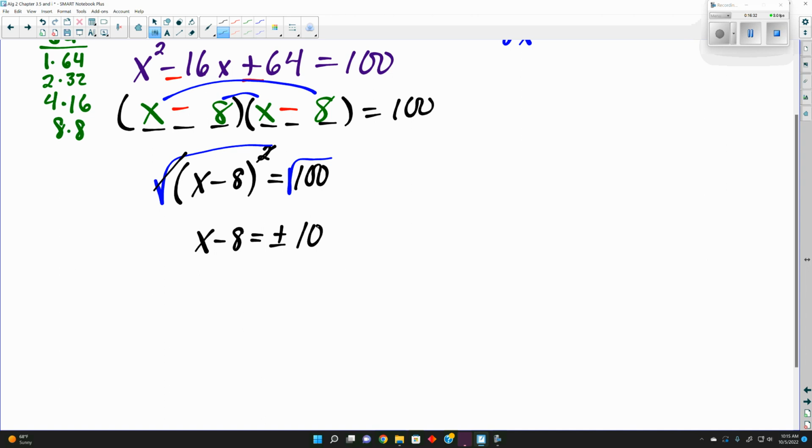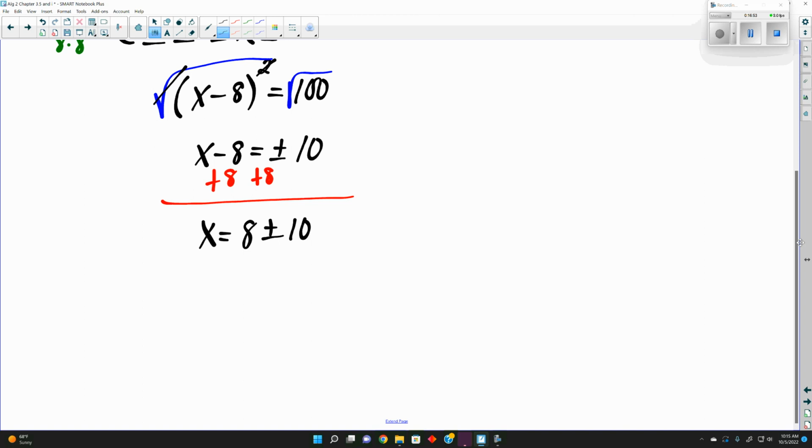What can we do next? We can add 8 to both sides. And whenever we add something to both sides and the other side has the plus or minus, we want to put it out front. So we say that x is equal to 8 plus or minus 10. Can we add and subtract those two numbers?